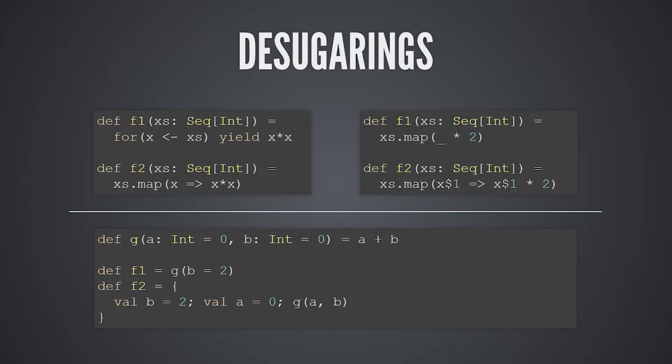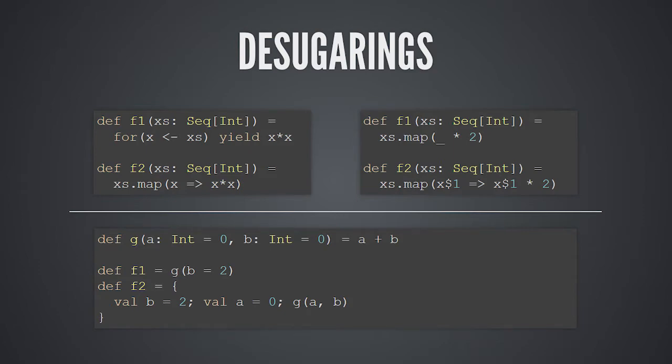It even gets uglier as soon as named and default arguments are involved, since again the compiler desugars them. So if you look at this example here, we have this function g with two arguments, both of them having a default value of 0. And then in this function f2, we just call g using the default value for a and setting b to 2.